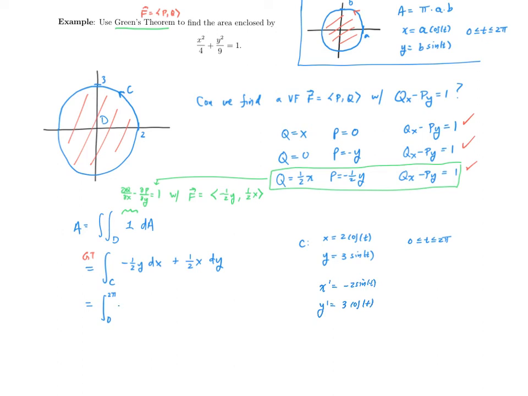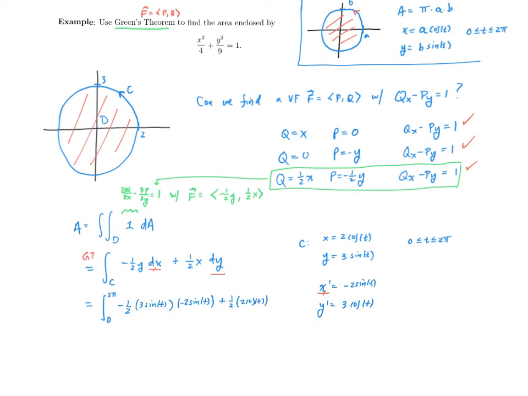Substituting in, we have minus 1/2 times y dx. And note the dx is going to become the x prime, so minus 2 sine t. Plus 1/2 x, so 2 cosine t, dy.